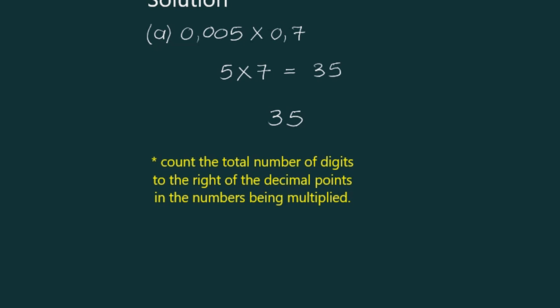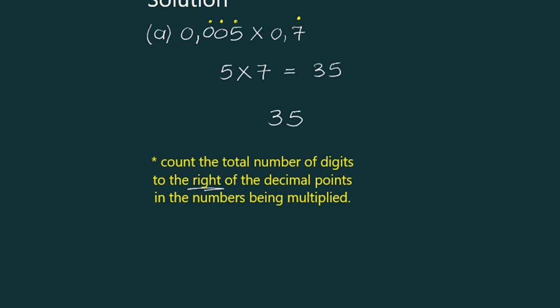Going back to 0.005 and 0.7: on 0.005 I have 1, 2, 3 digits after the decimal point, and on 0.7 I have only 1 digit.